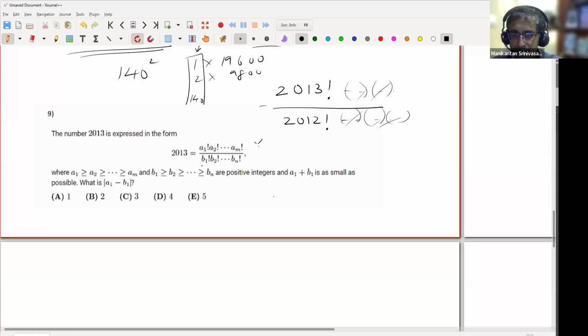This cancellation will result in 2012 factorial getting cancelled, leaving 2013. This is one set of values for a1, a2, a3, b1, b2, b3 where it will work. But a1 plus b1 will become huge, right? 2013 plus 2012 will become a huge number. He wants to minimize a1 plus b1 to be as small as possible.